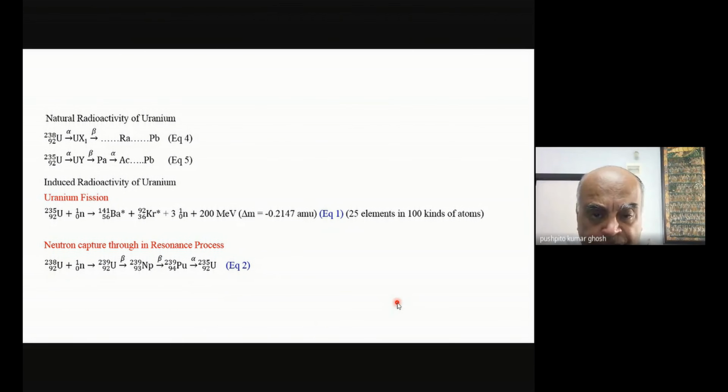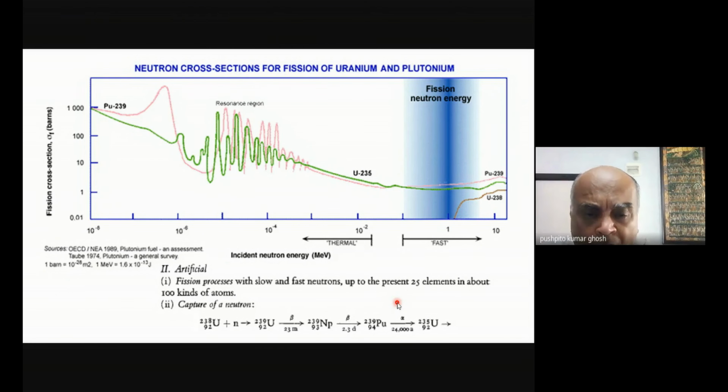So that's the question. Now, what has been found, through very detailed studies carried out over many years since the early 1940s, is the reason why you need to slow down the neutron. This is the neutron energy, so here you're going down in energy, here you're going up in energy.